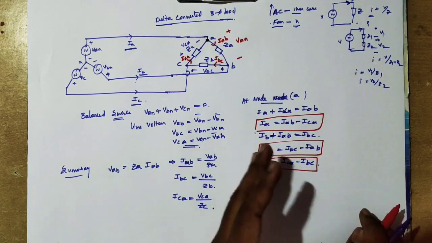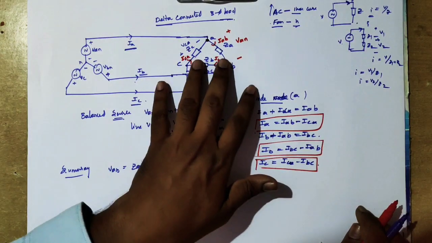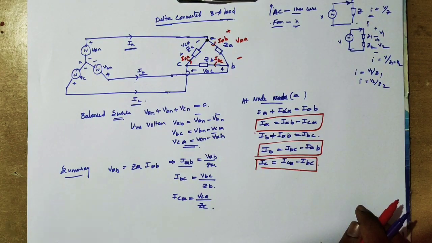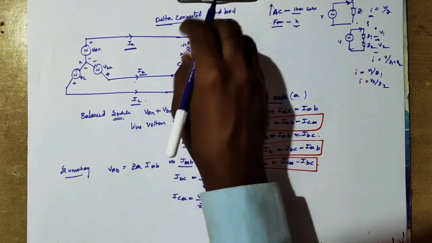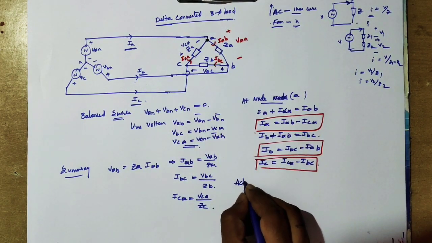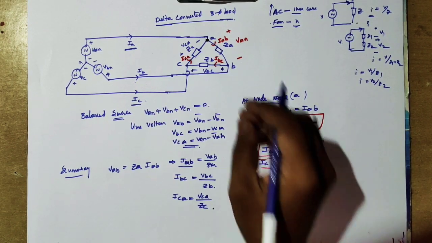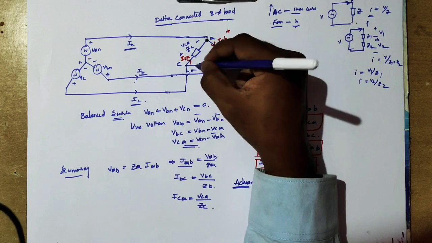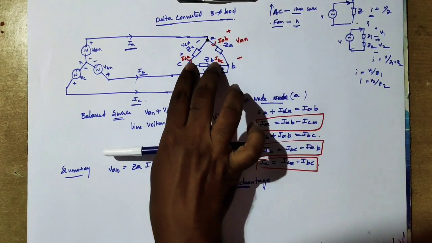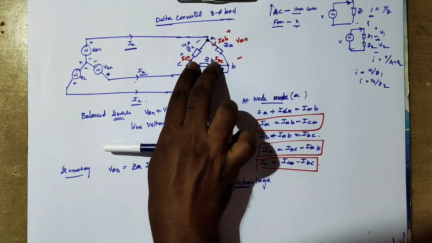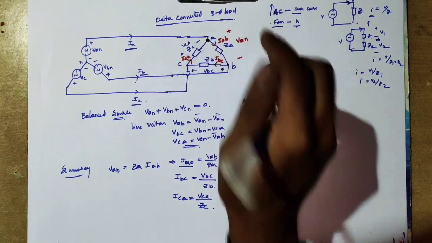What is the current it is drawing? If the load is delta, this is a balanced load. The advantage of this delta connection is that whenever you remove any phase, the remaining phases will have no effect.